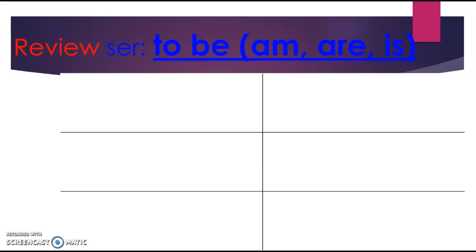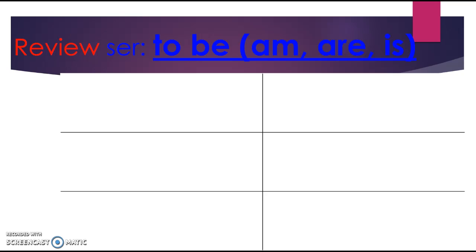Ahora vamos a combinar el verbo ser con los pronombres. Ser significa to be. En inglés se dice I am, he is, you are, etc. So we're now conjugating our first verb, ser, into all different forms based on the pronouns that we were previously discussing.